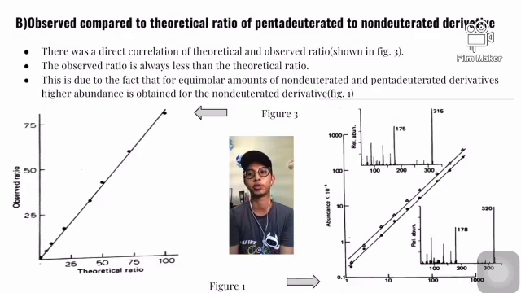As shown in figure 3, the observed ratio is always less than the theoretical ratio. This is due to the fact that for equivalent amounts of non-deuterated and pentadeuterated derivative, higher abundance is obtained for the non-deuterated derivative, as shown in figure 1.